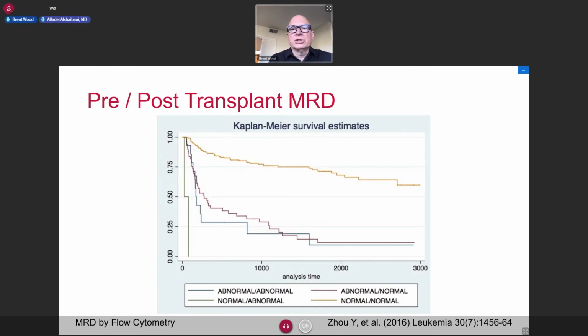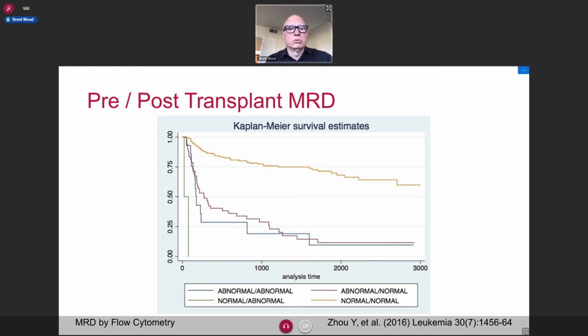Okay. And so this is the data that we published looking at patients' MRD levels both before and after transplant and what the relationship might be to eventual outcome. What one can see is that the only patients that did relatively well in this analysis were patients where there was no residual disease detected going into bone marrow transplant and that remained negative for residual disease after transplant.